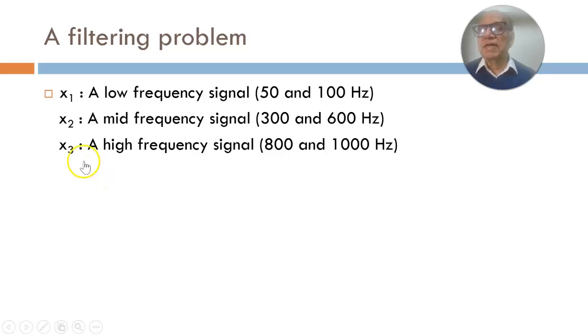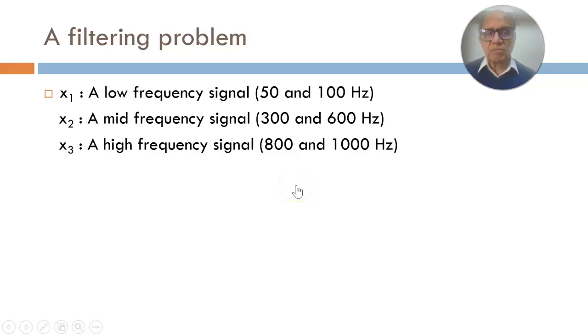Finally, you generate x3, which you call the high frequency signal, and its lowest frequency is above 600 Hz. So it starts from 800 and goes up to 1000 Hz. This is how we have defined our various frequency bands: this is the low frequency band, this is the mid frequency band, and this is the high frequency band.